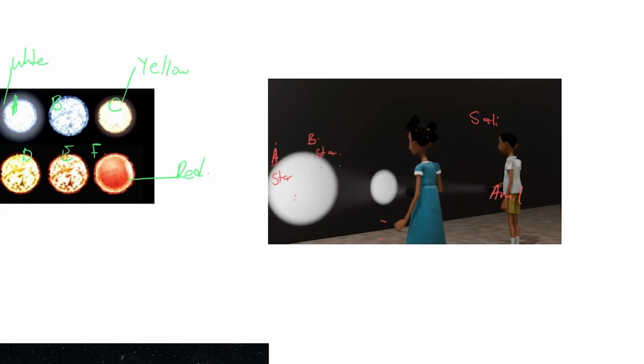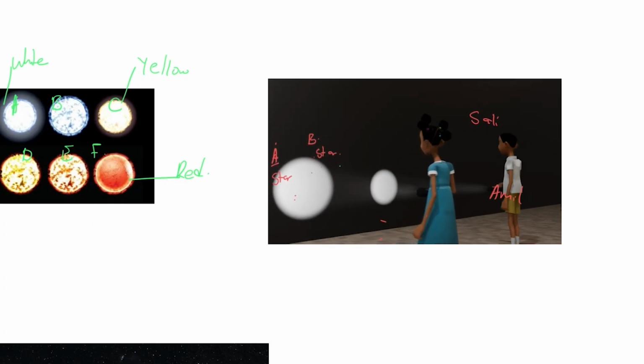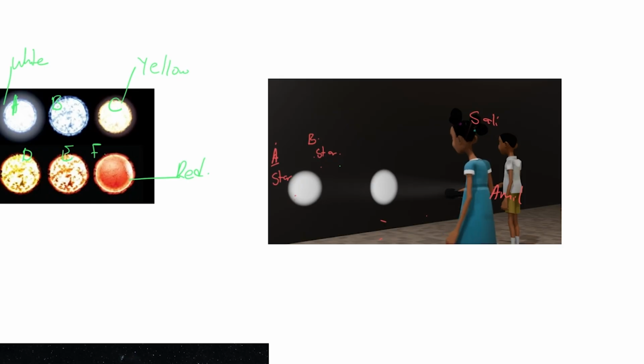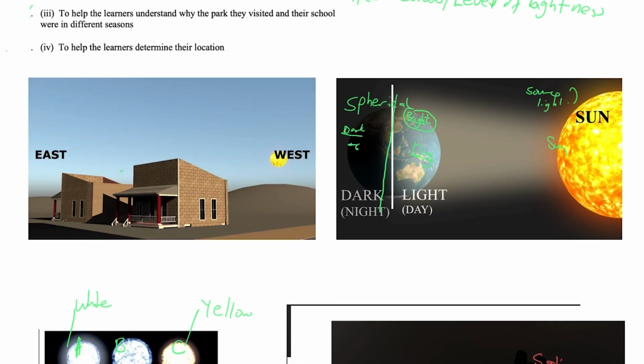So a bigger star is more bright. So a star that is nearer the Earth is brighter than a star which is far away from the Earth.